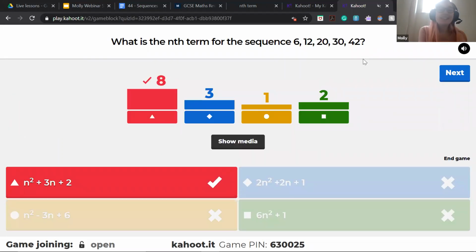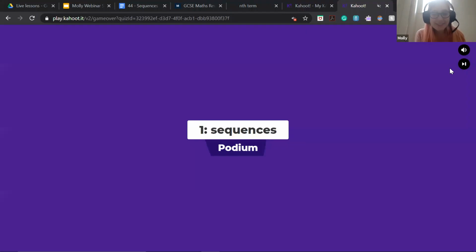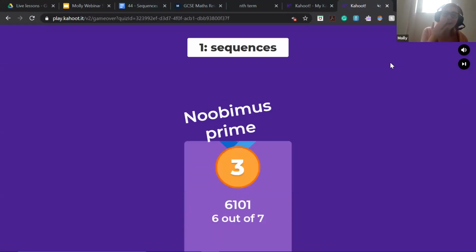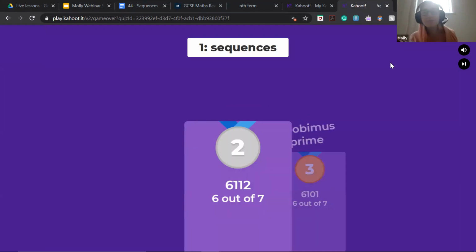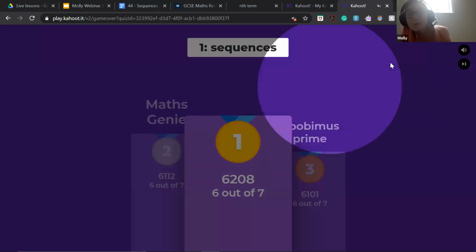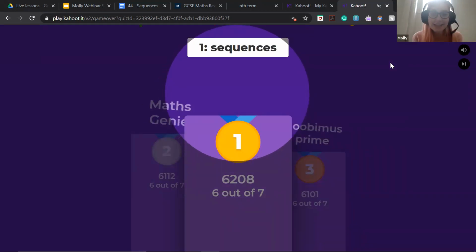Cool. Really well done, guys. Again, that may well have been from working backwards from the answers, but that's fine. Super impressive. So let's have a look at the podium. I think there were some high scores there. Yeah, third place. Noob and Miss Prime. Not that much of a noob. Got 6 out of 7. Maths Genie, second. Top 3 all got 6 out of 7. That's fantastic.